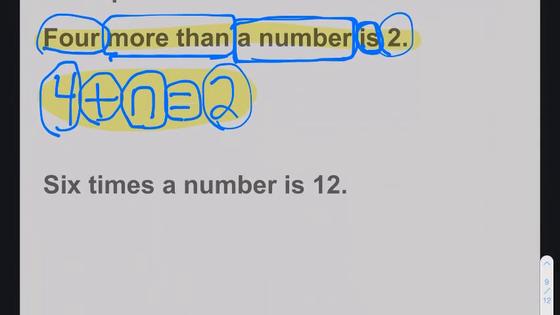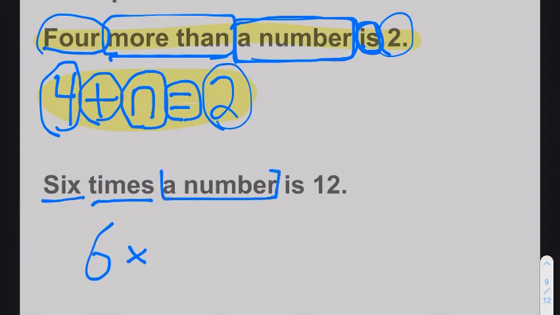It says 6 times a number is 12. So how can I put that into an equation? Well, for 6, I can write the number 6. Times, that sounds like a multiplication operation, so I can put the multiply symbol. 6 times a number.